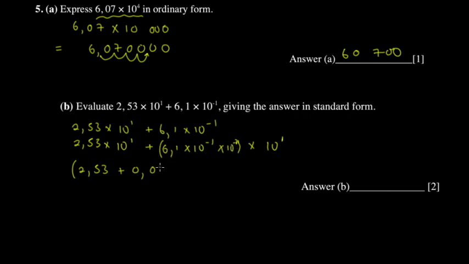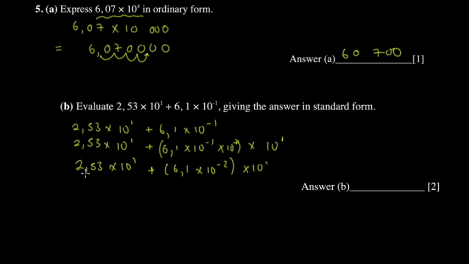So you get 0.061 like this, then times 10 to the power 1. Let me not skip steps here so that you understand better. So it's 2.53 times 10 to the power 1 plus 6.1 times 10 to the power negative 2 times 10 to the power 1.